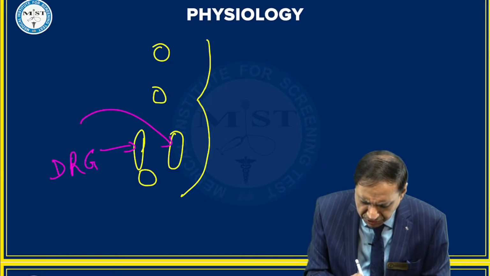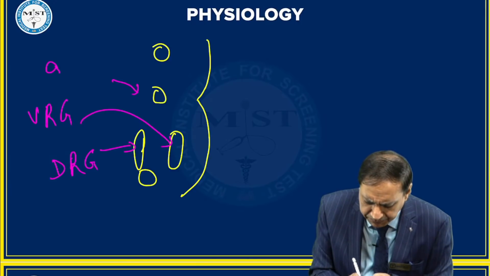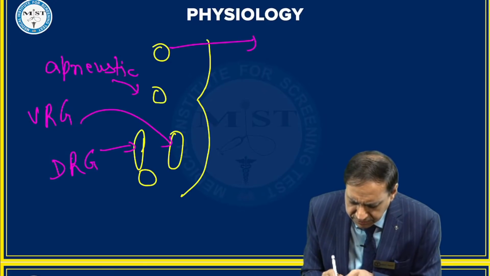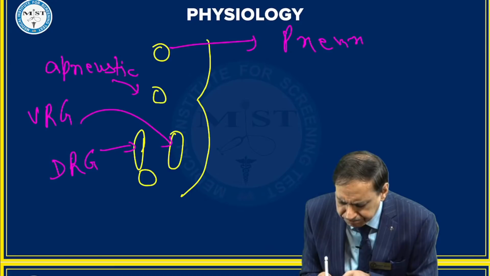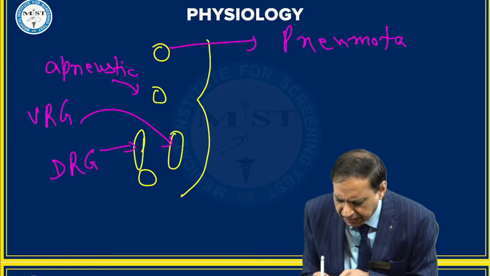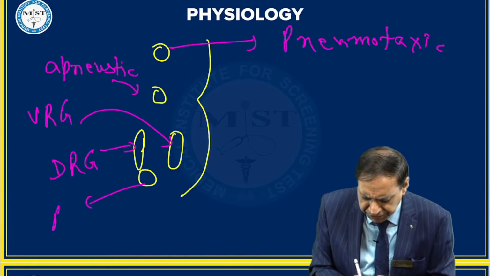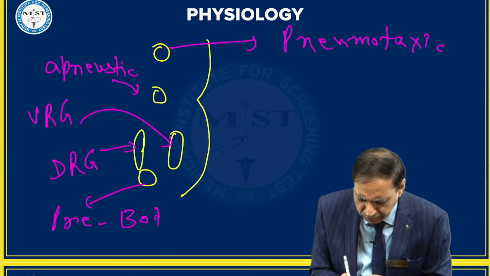This is VRG, ventral respiratory group. This is apneustic. And this is pneumotaxic, in the upper pons. And this is the pre-Bötzinger complex.